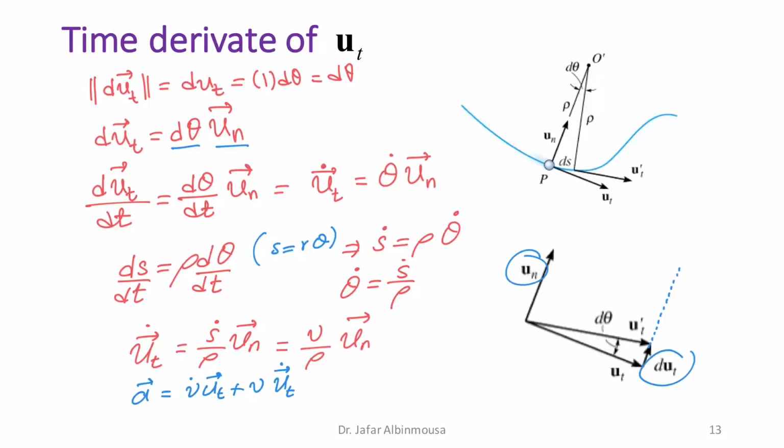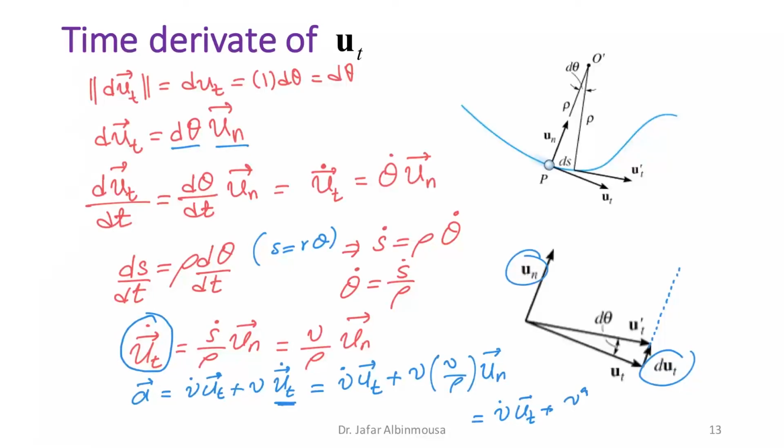Now if I substitute this in here, I will get v dot u_t plus v multiplied by v over rho u_n, which is indeed the famous equation v dot u_t plus v squared over rho u_n.